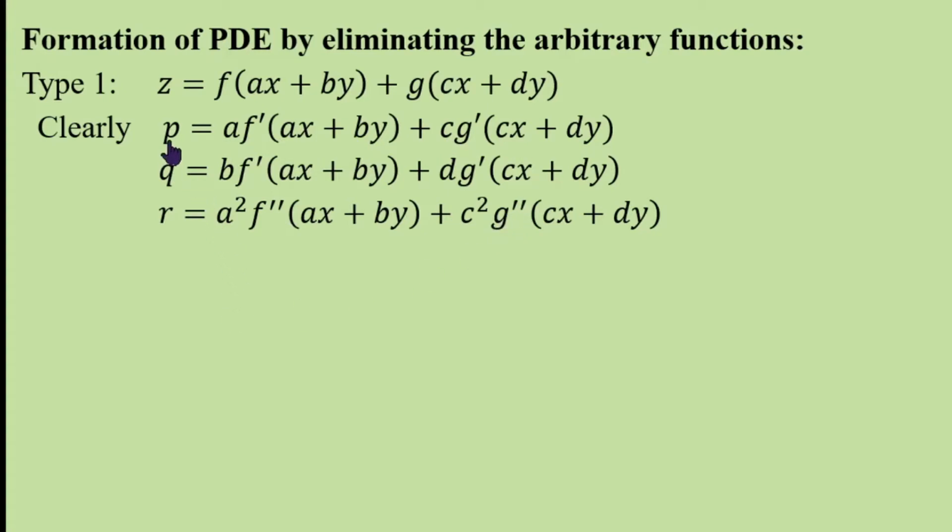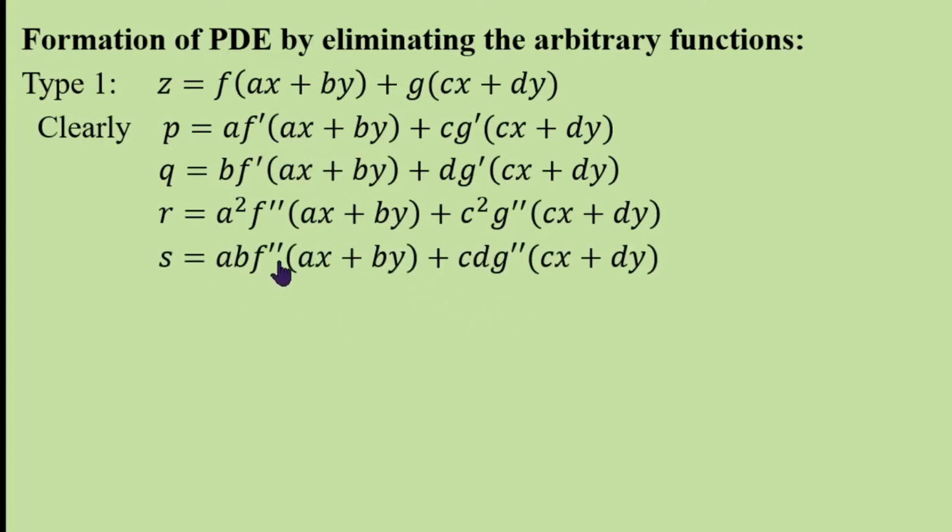And when you differentiate p partially with respect to y, you will get s. So s equal to a into b, because when you differentiate partially with respect to y, ax plus by means b into f dash, and hence it is ab f double dash of ax plus by plus c into d, cd g double dash of cx plus dy.